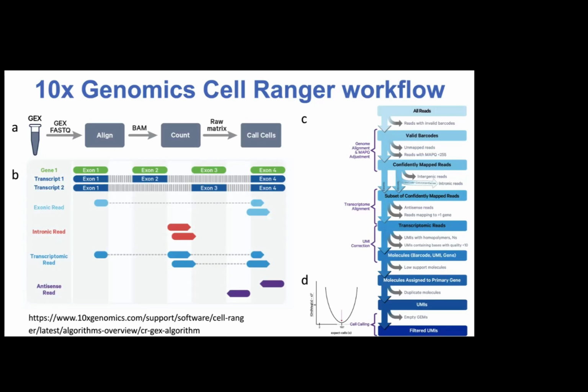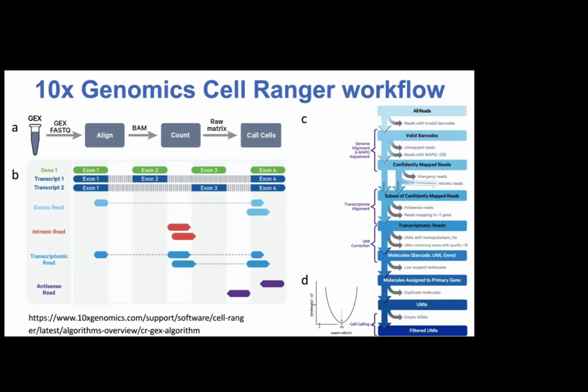So you overcount that read, even though it's from the same mRNA. You don't want to count them double, right? This is what the UMI is for. So in the end, you only count unique UMIs per gene. You don't count the actual occurrences of a read.